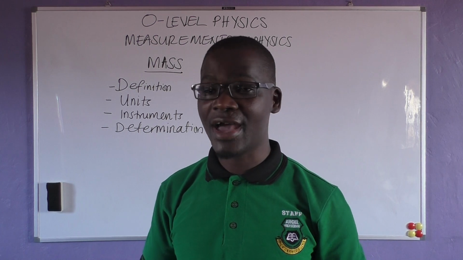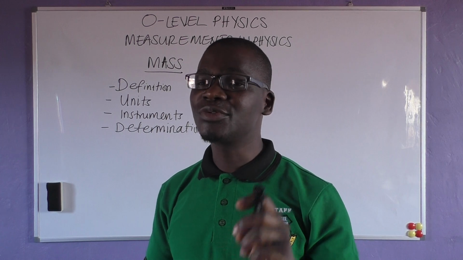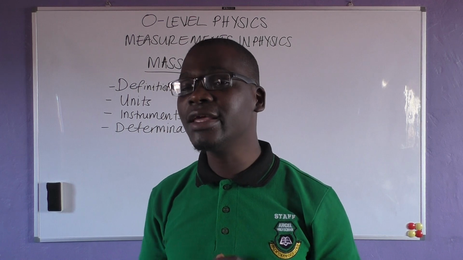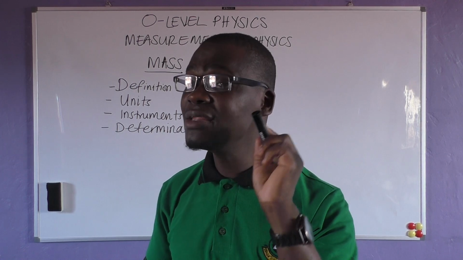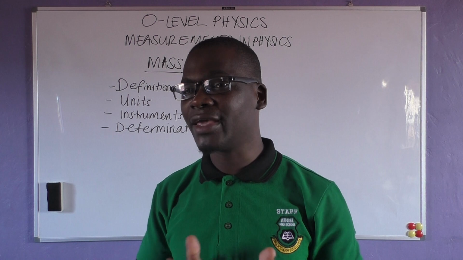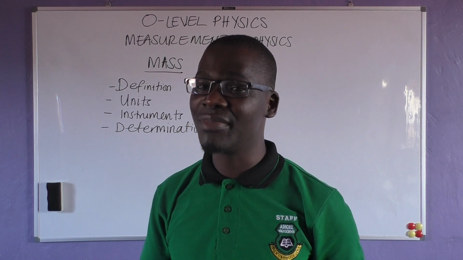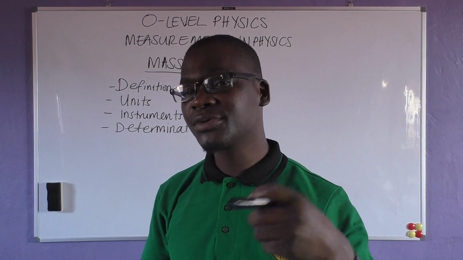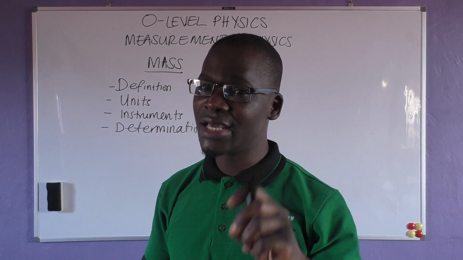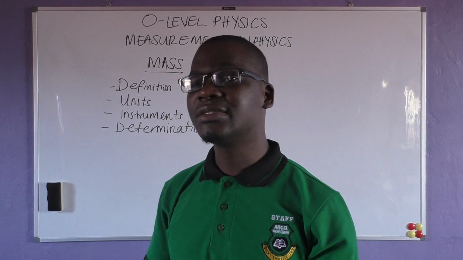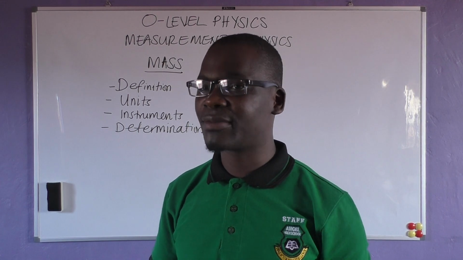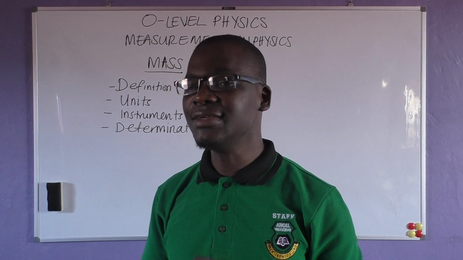The mass of air. Still, to get the mass of air, we shall consider a dry, clean, empty but open container. Weigh its mass using a beam balance. Then we shall enclose this container with a tight lid and suck out the air using a vacuum pump and weigh its mass.